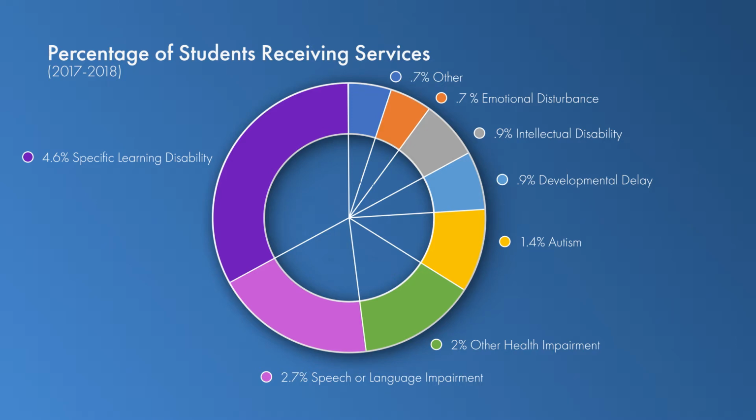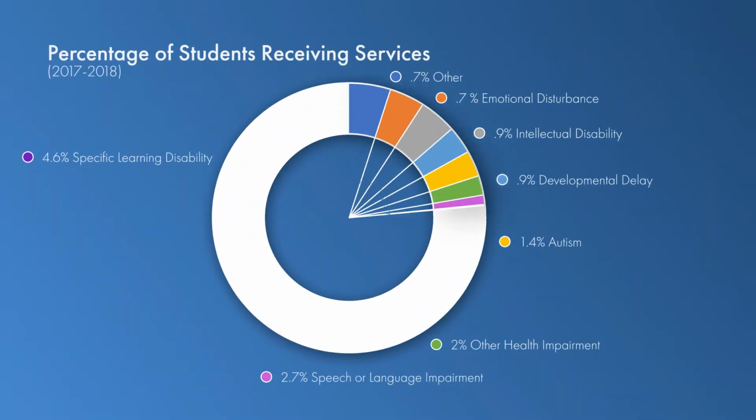Then there's speech and language impairment, other health impairment, autism, and the list goes on. In the other category are things like a visual impairment or deafness or an orthopedic impairment like cerebral palsy.